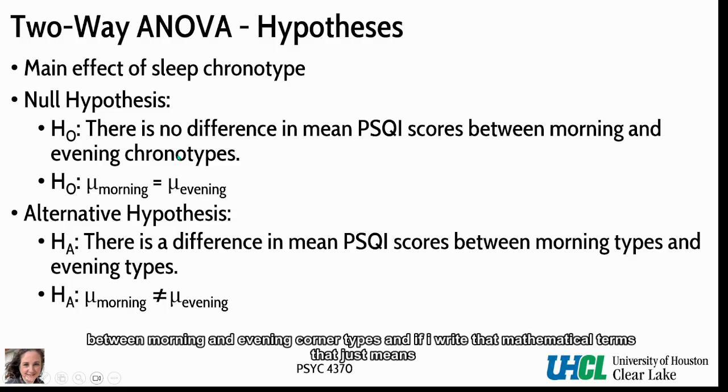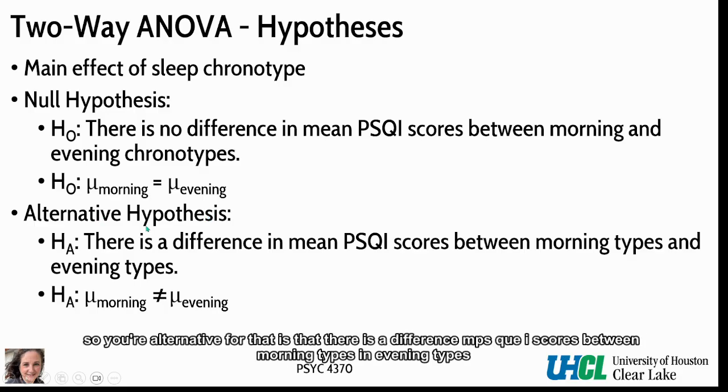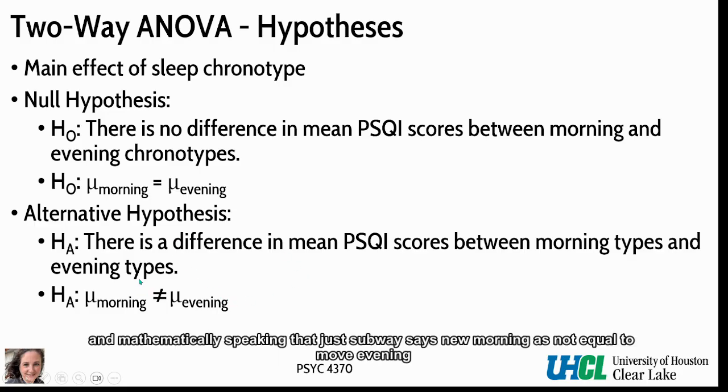And if I write that in mathematical terms, it just means mean of morning is not equal to mean of evening. So your alternative for that is that there is a difference in PSQI scores between morning types and evening types. And mathematically speaking, that simply says mu morning is not equal to mu evening.